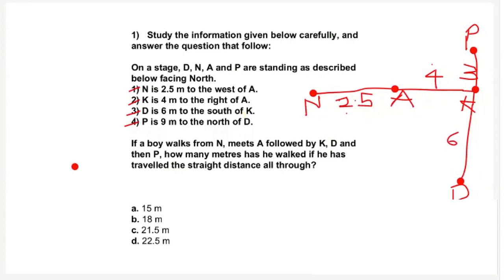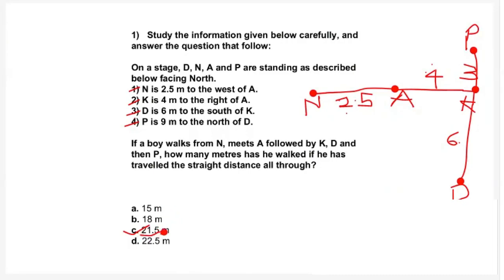The correct answer is C, 21.5. I'll count straight directly: 6 plus 4 is 10, plus 9 is 19, and then 2.5 amounts to 21.5 meters.